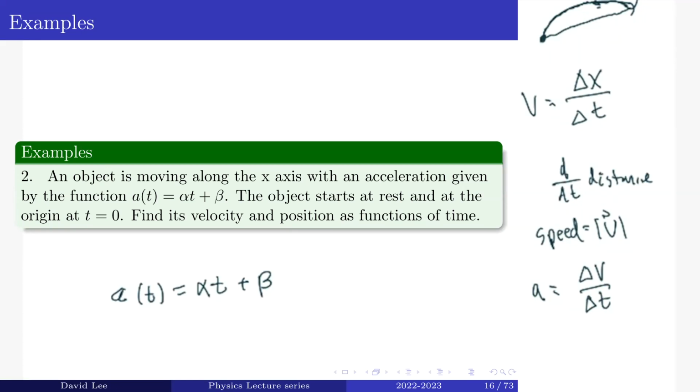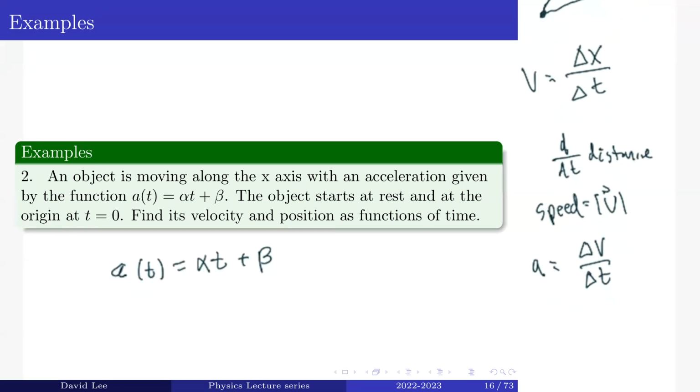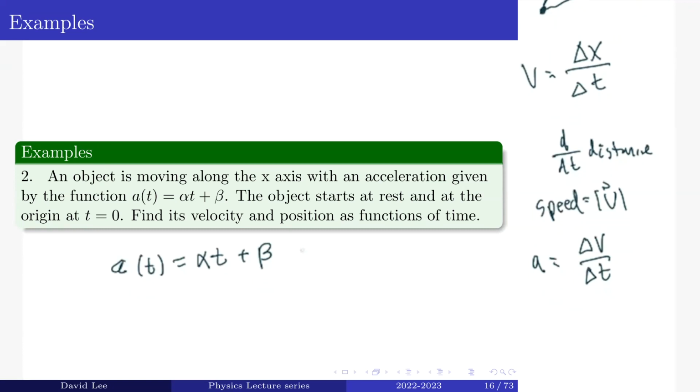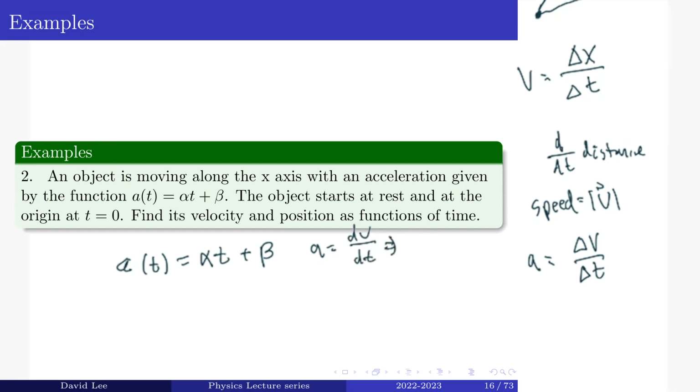So to do this, we know that acceleration is the derivative of velocity, right? Which means to go the other way, we would just take the integral. So velocity is the integral of acceleration. If we integrate once, we'll get 1/2 alpha t squared plus beta t.